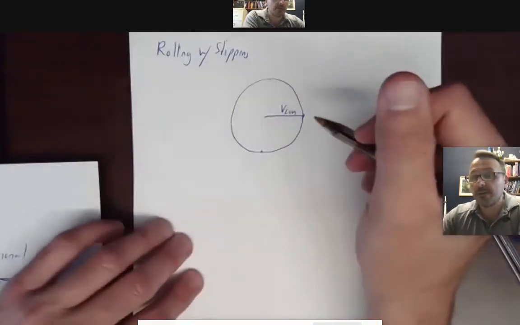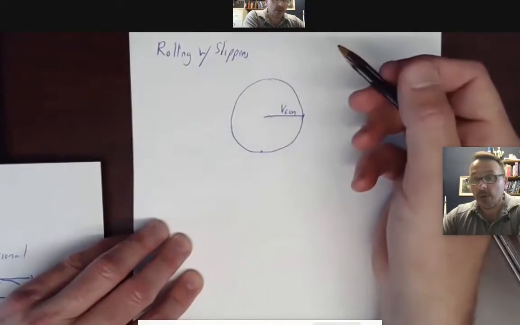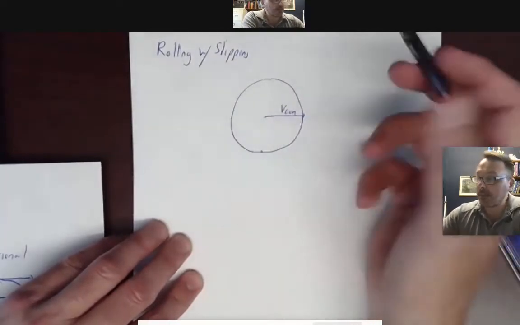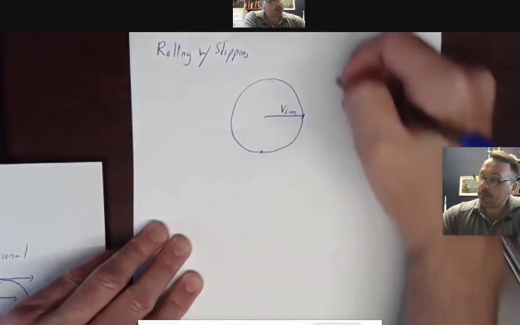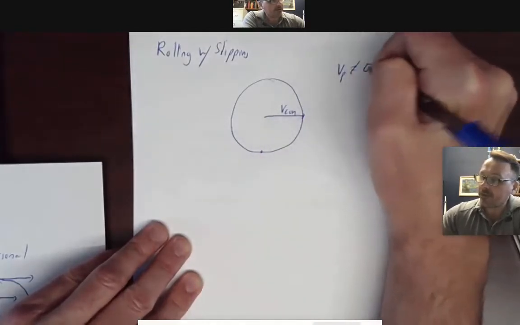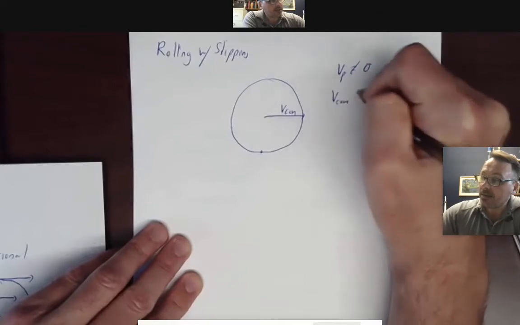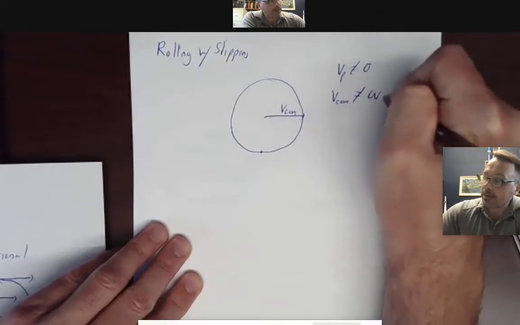And it could be rolling with slipping with topspin or backspin, right? Such that here, VP is not going to equal 0, and therefore VCOM does not equal omega times R.